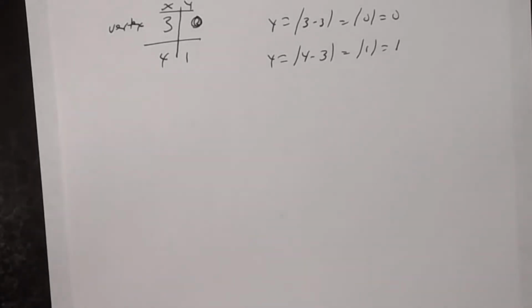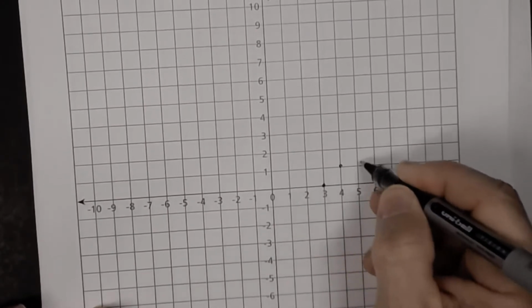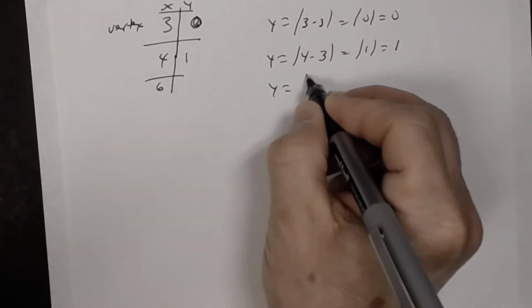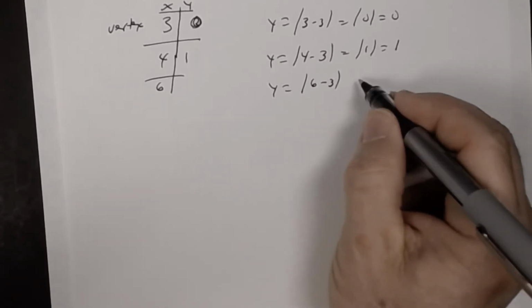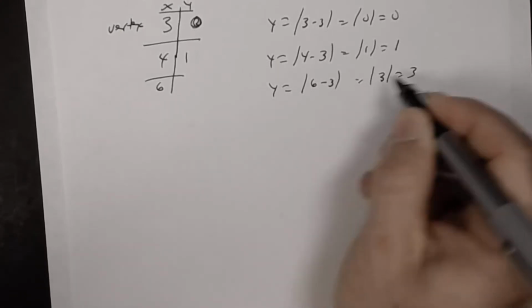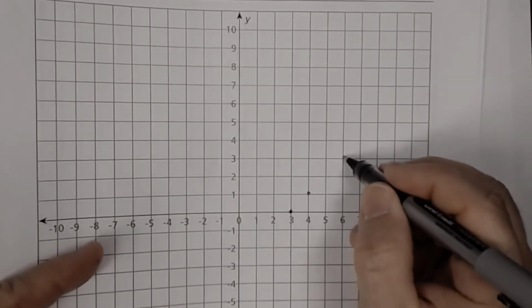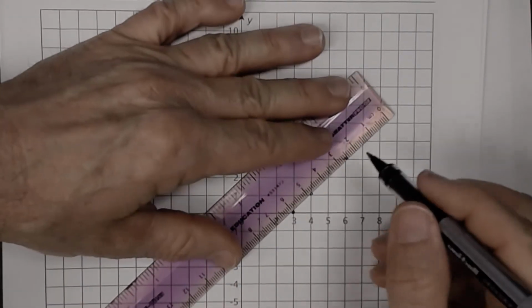So I plot the point 4, 1. Let's do another one on this side. Let's say 6. I get y equals the absolute value of 6 minus 3. 6 minus 3 is 3. The absolute value of 3 is 3. So I plot the point 6, 3 right here. So now I have something that looks like this.